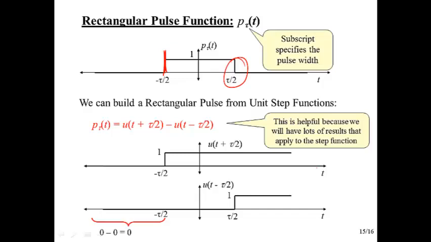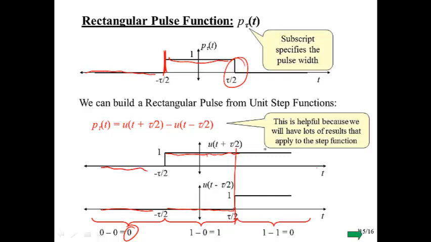So when we subtract 0 from 0 in that time range, we get 0. That's what we have up here. In the next time range, we've got 1 minus 0, and that gives us the 1 that we see here. And that holds all the way up to here. Now we have 1 minus 1, which is 0 again, and this drops back to 0.